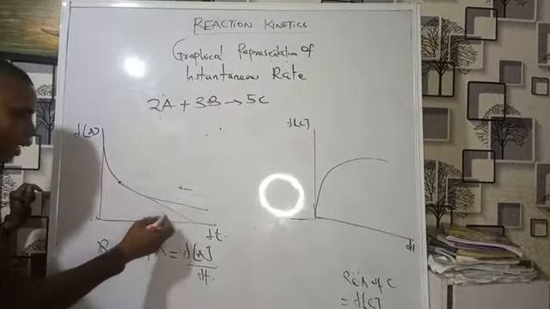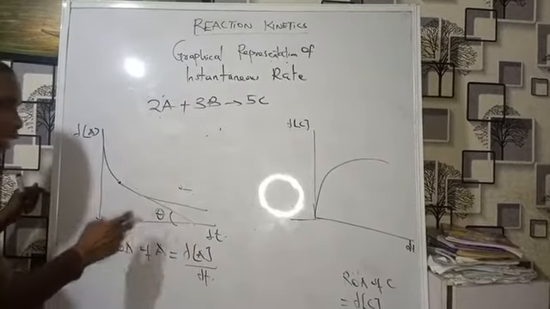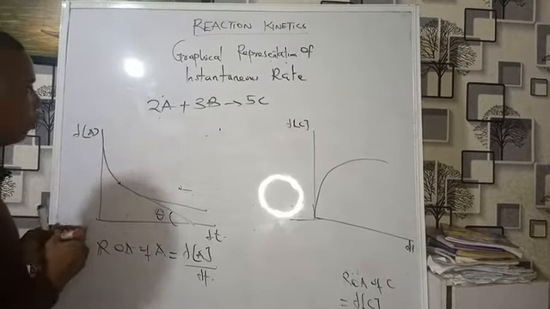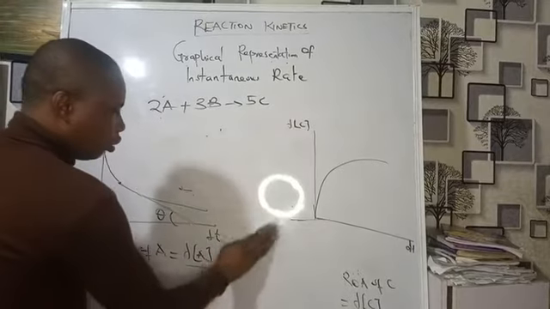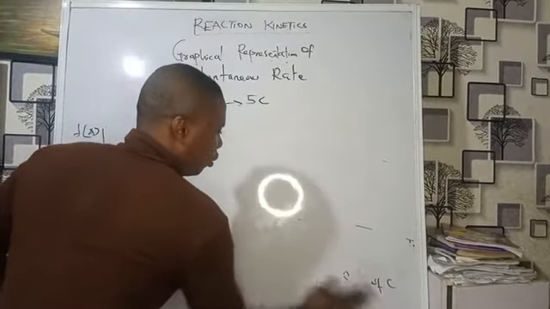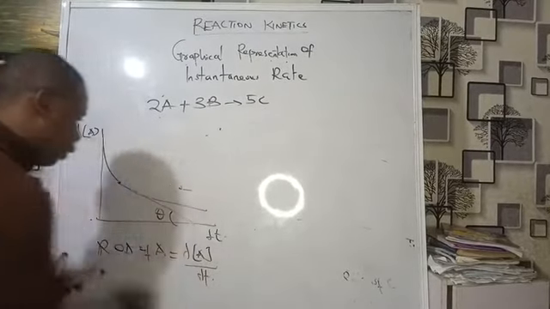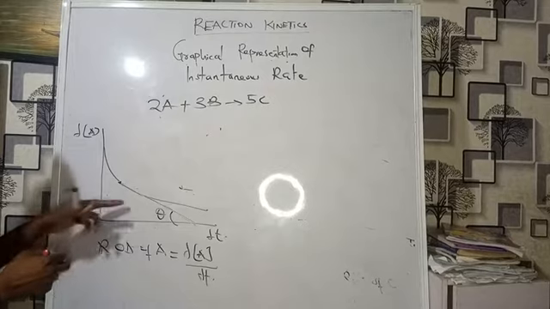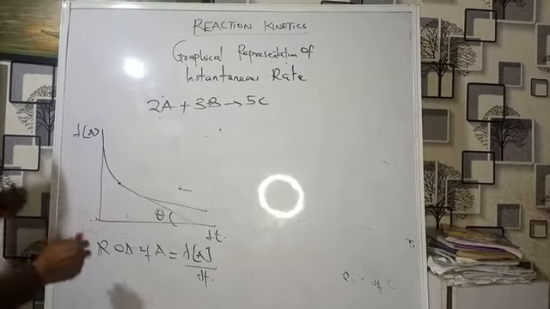Now, assume you are given theta. Now, this theta here. Let me do the reactants first. I'll come back to the product. As we are giving theta here now, okay? Now, what is the rate of disappearance?